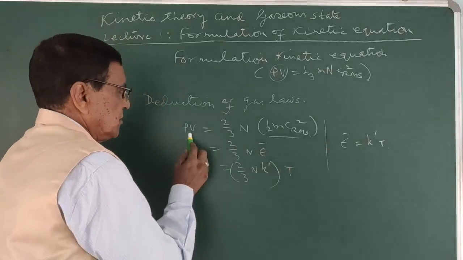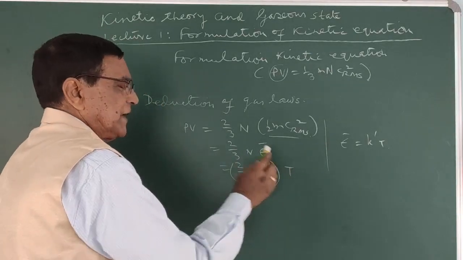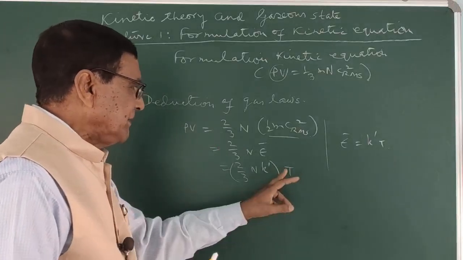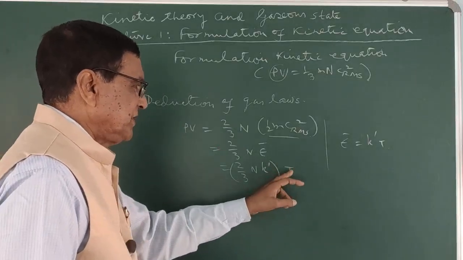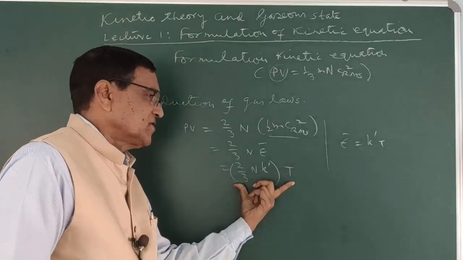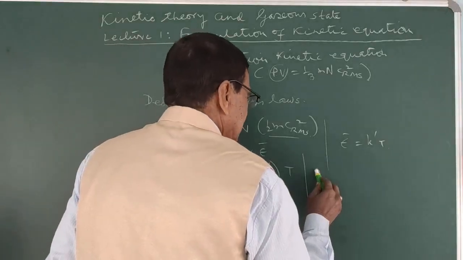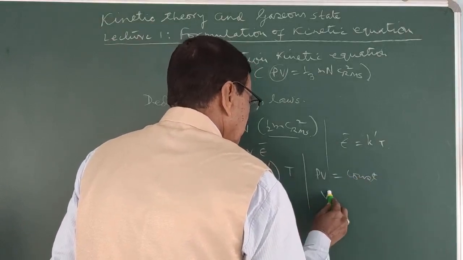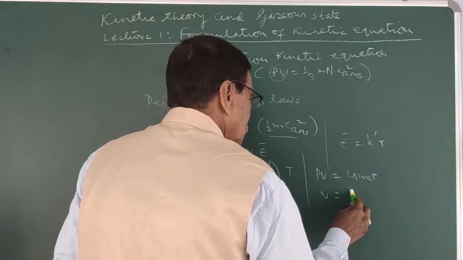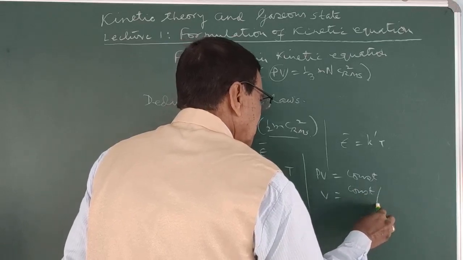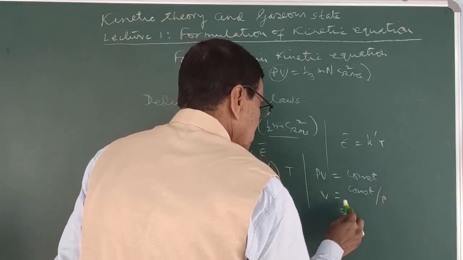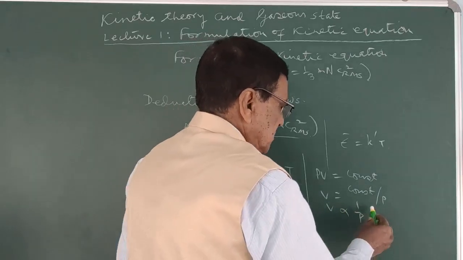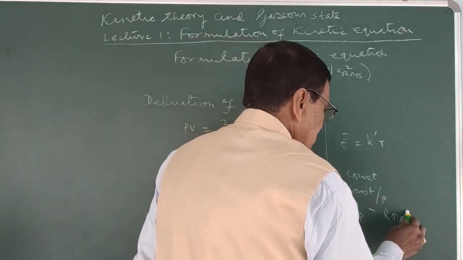So PV equal to some constant into T. If you keep this T constant, then the full right hand side is constant. Then in this case PV equal to constant, or V equal to constant by P, so V is proportional to 1 by P. This is Boyle's law.